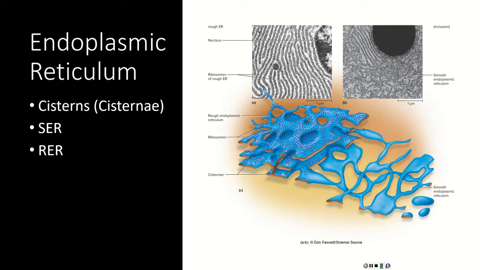Now, it will do that with other substances too. Those are just the big 3 that we tend to use as examples. We find these in places like the liver and the kidneys, both of which are involved in a lot of detoxification. The smooth ER is in every cell of our body, but it's really, really extensive in the liver and in the kidneys.